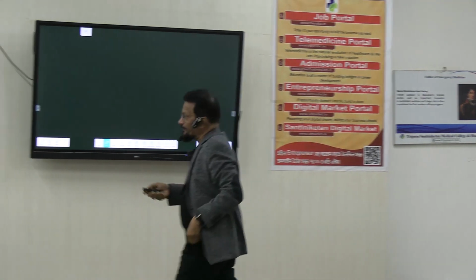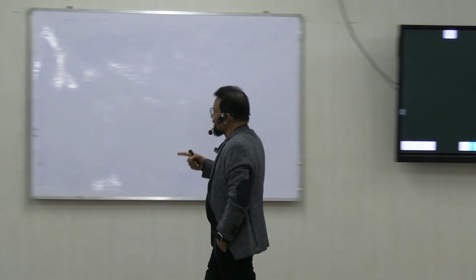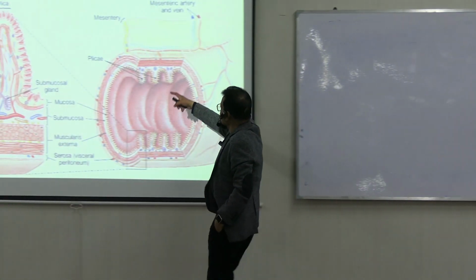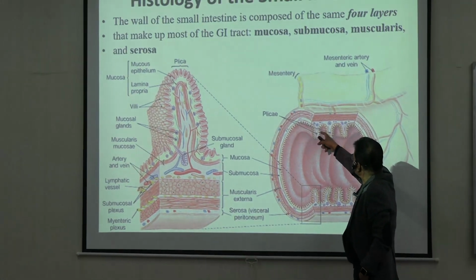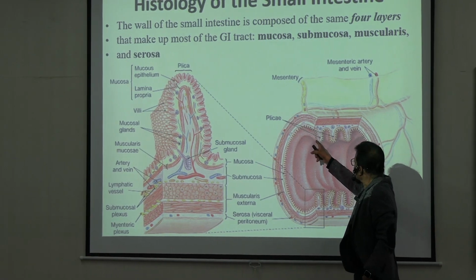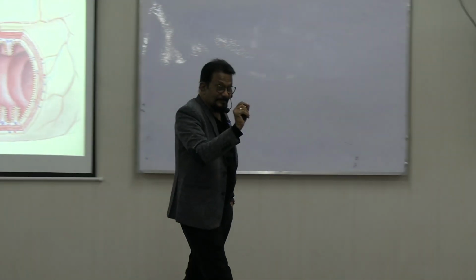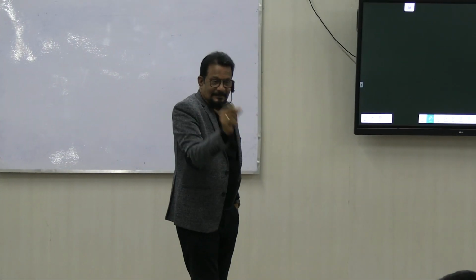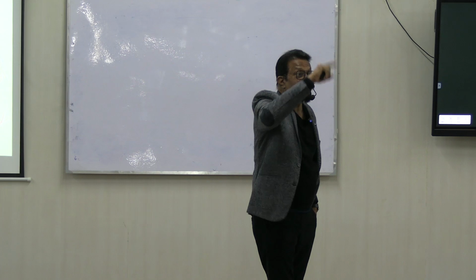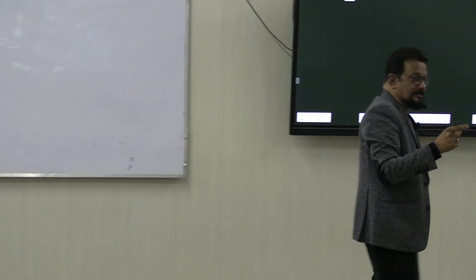And you will find this surface area is further increased by the epithelial cells, and these epithelial cells have a brush border. So this brush border further increases the surface area. Why is it necessary to increase the surface area?